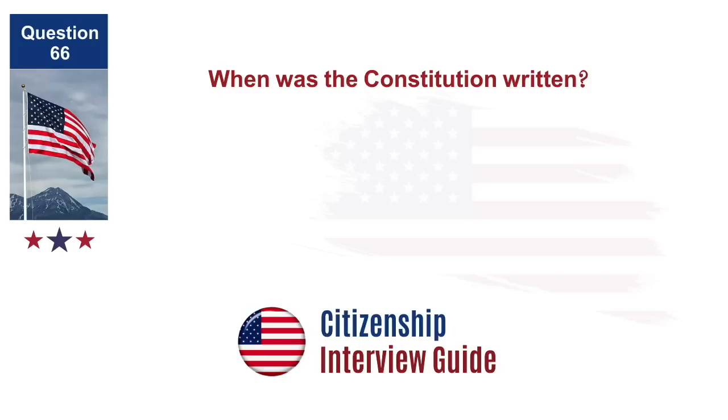When was the Constitution written? 1787. What does the judicial branch do?